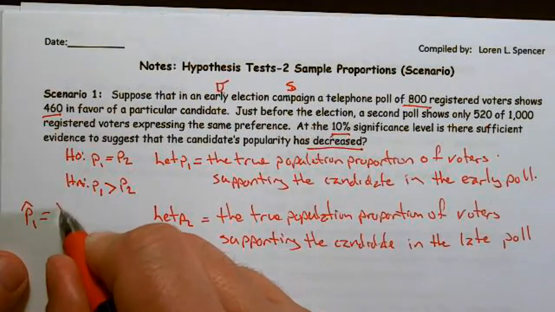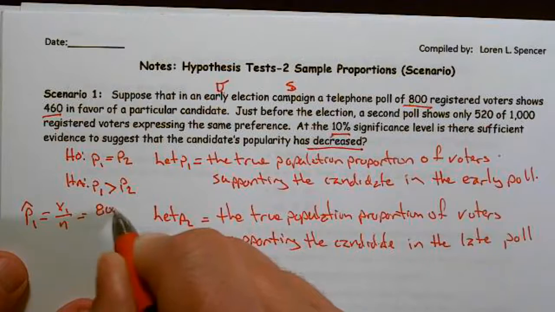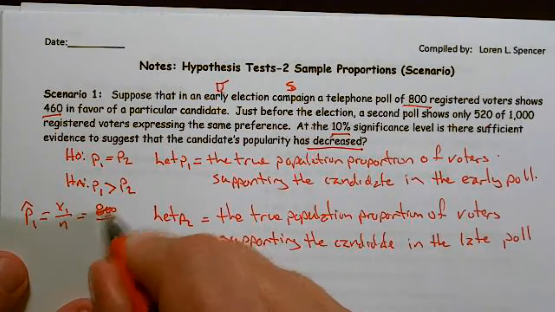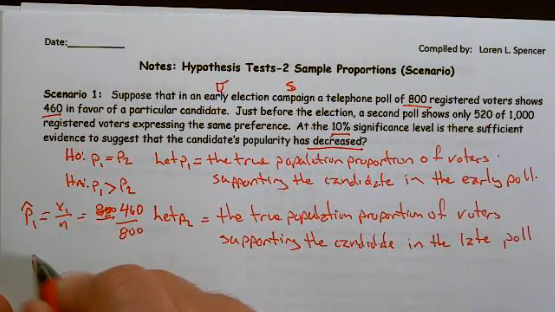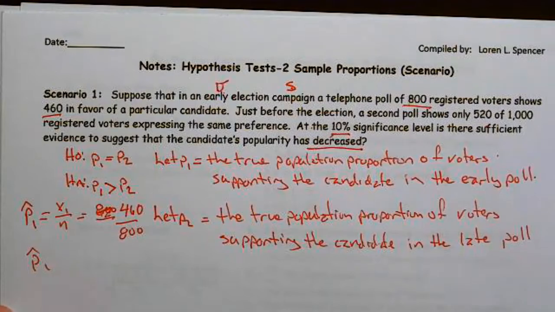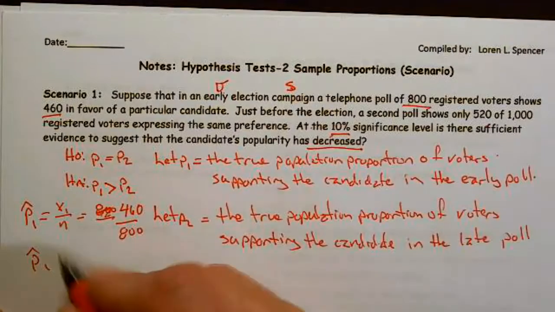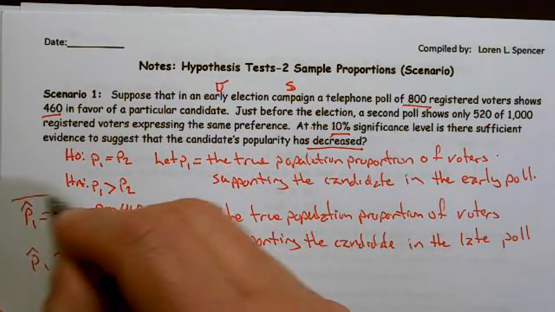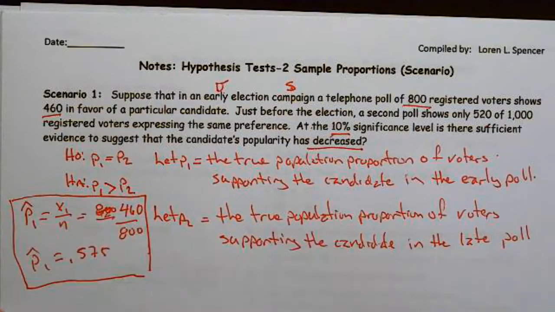P hat 1 equals X1 over N1, so this will be 460 over 800. 460 divided by 800 is 0.575. I'm running out of room and it's a little hard to follow, so I'm going to box that in.